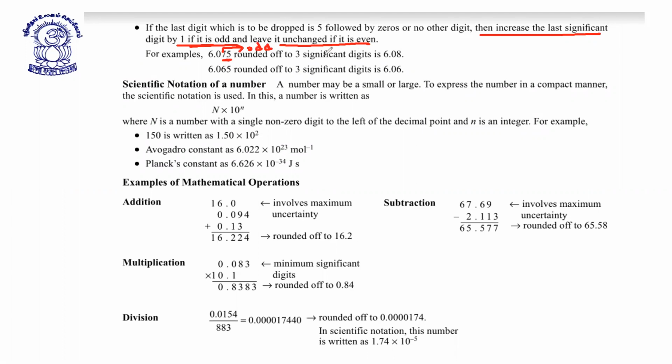So we have to increase the digit by 1. So it is 6.08. Similarly, if you take 6.065, the digit before the 5 is 6, which is even, so it remains the same, that is 6.06. So these are the rounding rules. So we can round off a number like this.